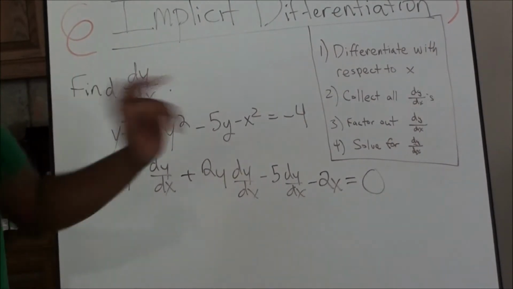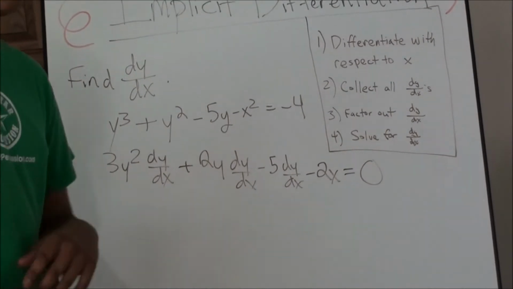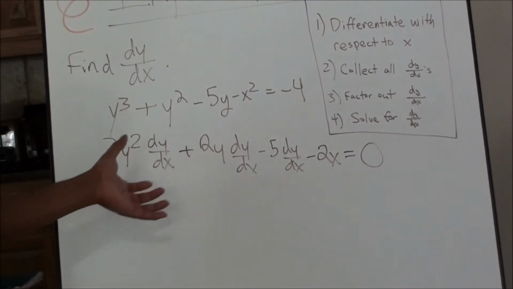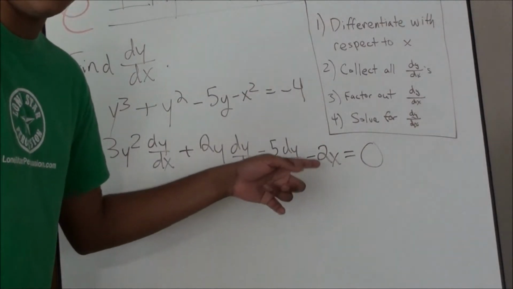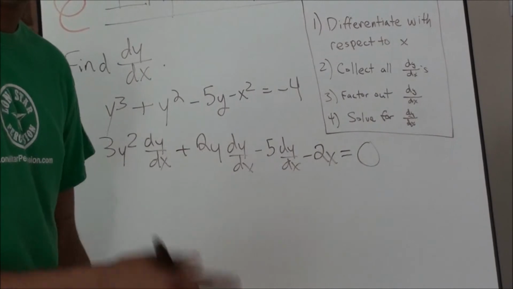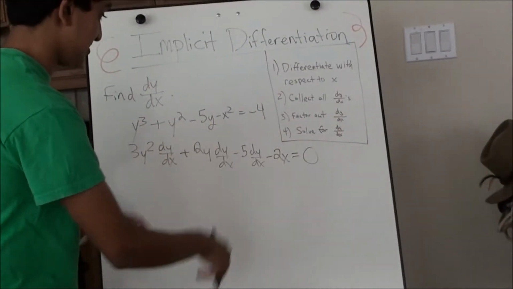We're going to go to step 2 and collect all our dy/dx's. So on the left side of the equation, everything looks good except we have this minus 2x. So what we're going to do is add 2x to the other side. So we have all dy/dx's.